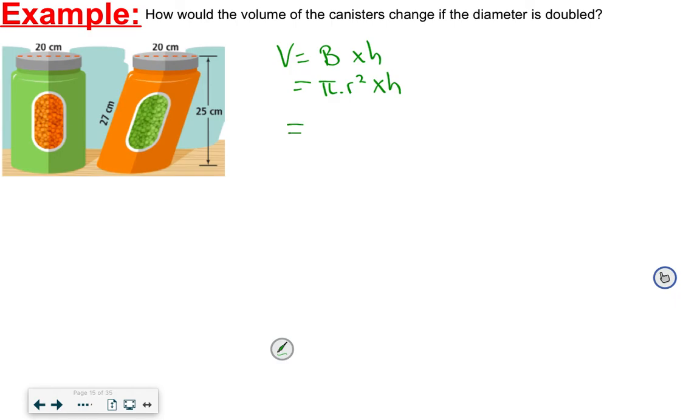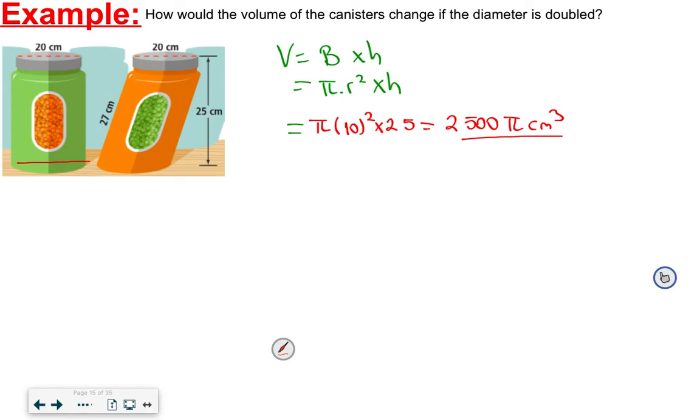So what's happening, ladies and gentlemen? First, I am going to find the normal volume. The volume of the normal figure is pi times 10 squared times 25, which is equal to 2500 pi cubic centimeters. This is the volume of the normal figure.